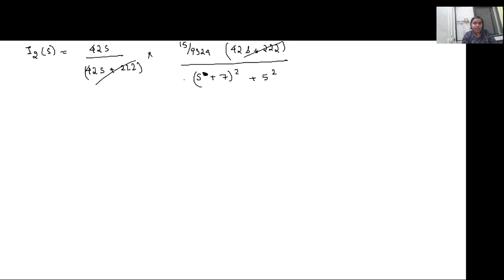Now you cancel these two. You have 42 into 15 by 9324, s on the numerator and s plus 7 whole square plus 5 square.